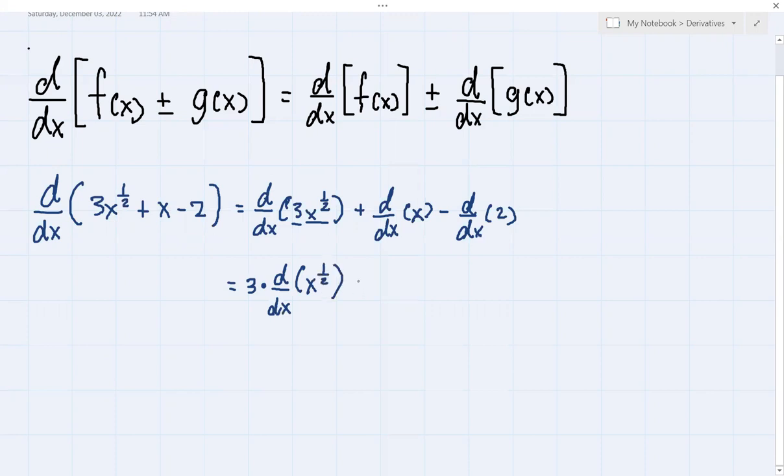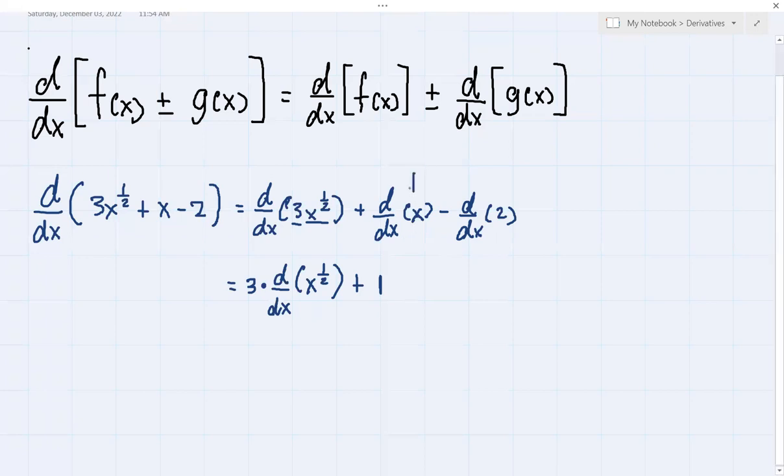O, diba? That's it. Sa second term, anong derivative ng x? Remember, x, okay, isa lang siya. Okay? Wala siyang other exponent except si 1. So, anong derivative nito? The answer is 1. Okay? We apply the second basic rule of differentiation, which is constant and x.